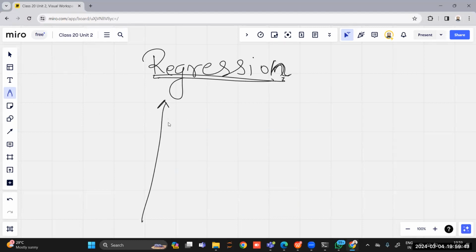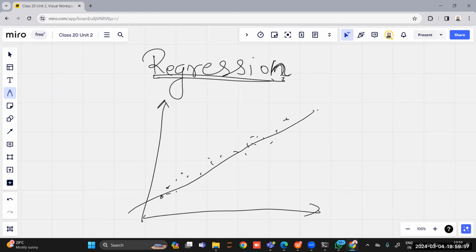Regression, we have seen a scatter plot, okay? When we take more points which are lying generally in a straight line, then the line which we draw, a single line, I'll draw a little bit neat one so things are clear.